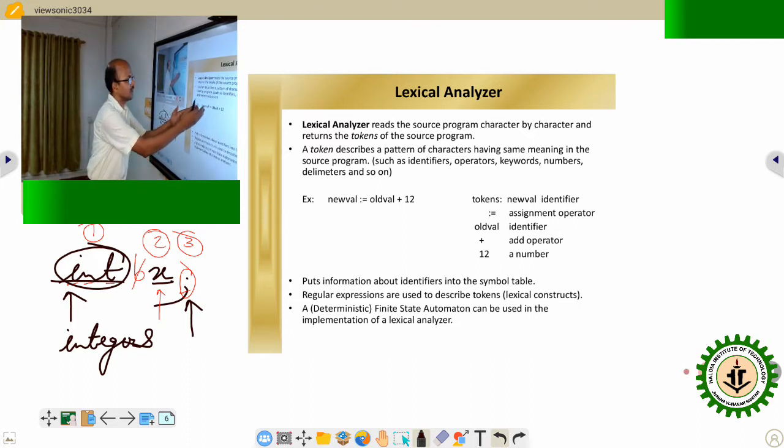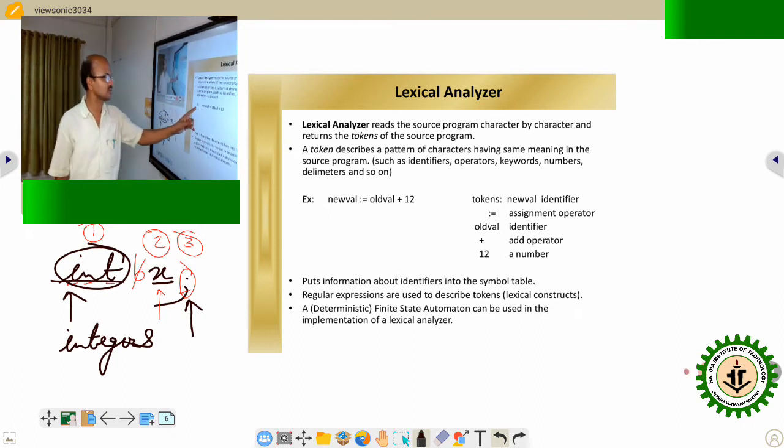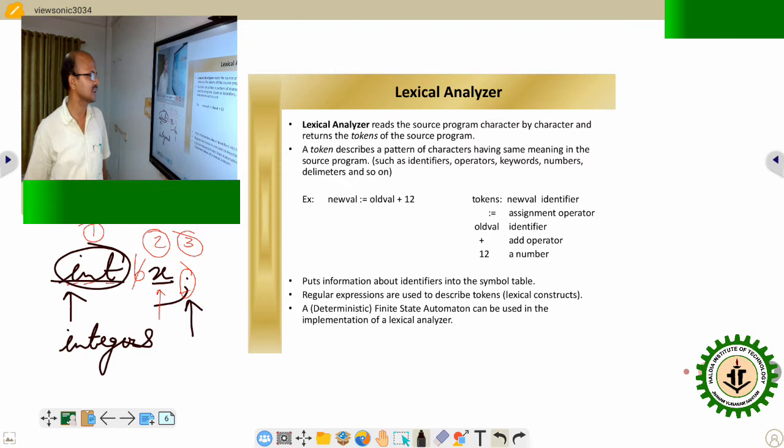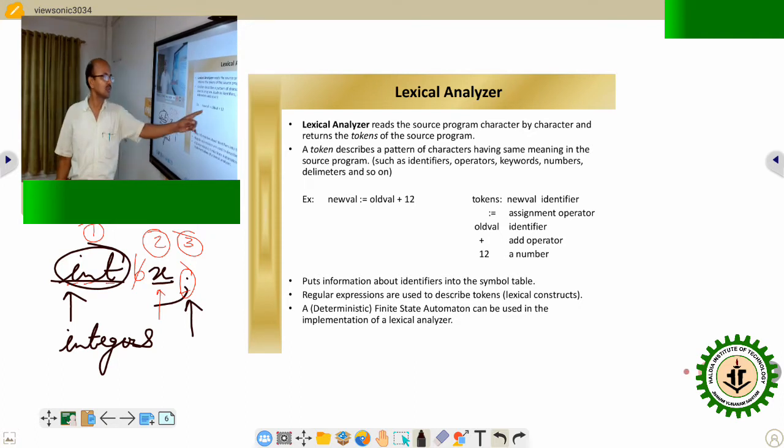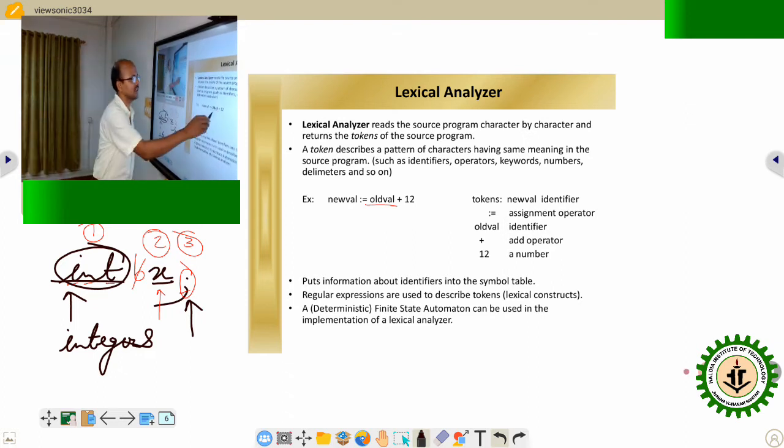So the tokens will be new value, an identifier, then the assignment operator, the equal sign, then old value, another identifier, and plus, which we know is an operator in the C language, and 12 is a number here.